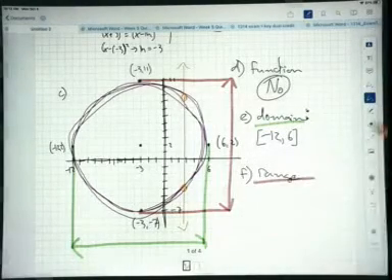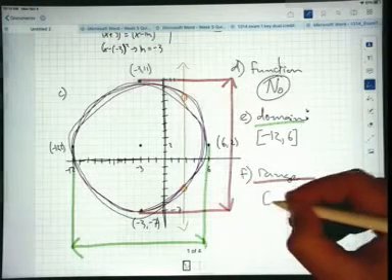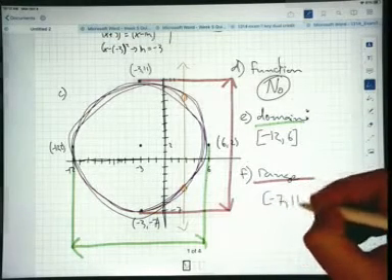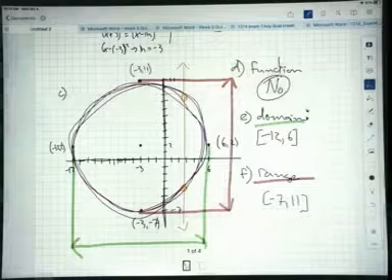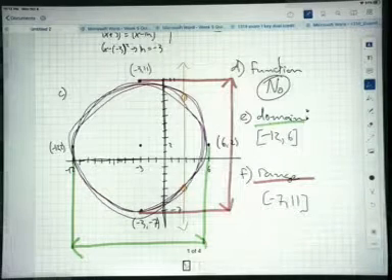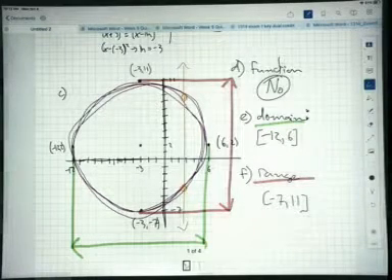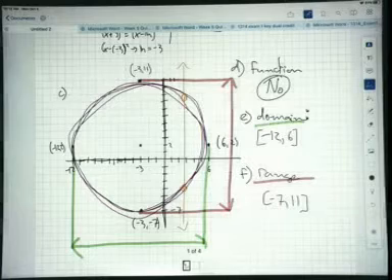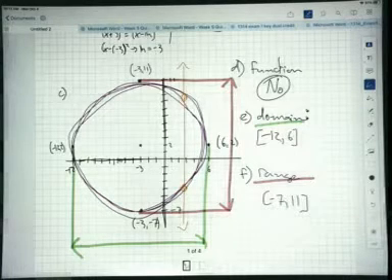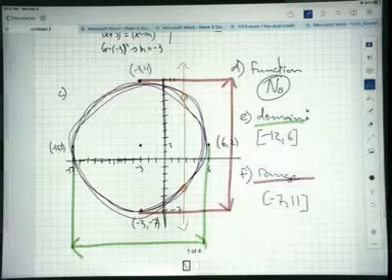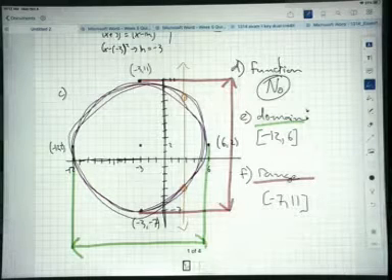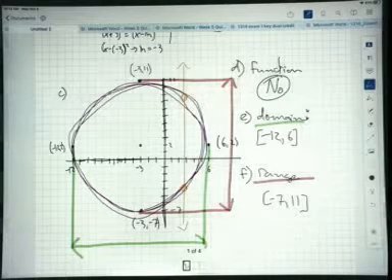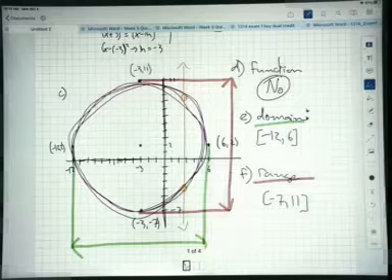So what's the range? We're doing that in red. Negative 7 to 11. And there is problem number 10. Does that make sense? Okay. Good.